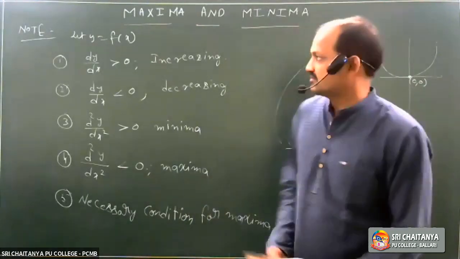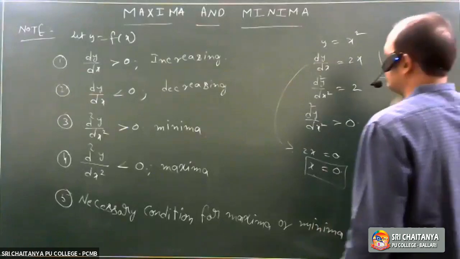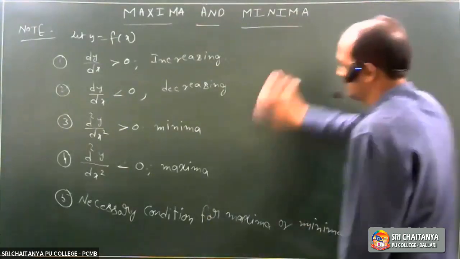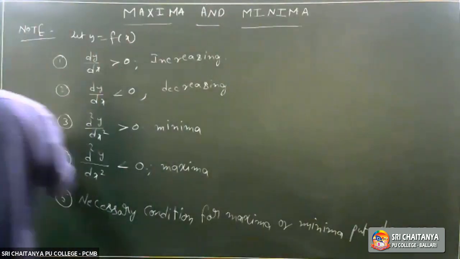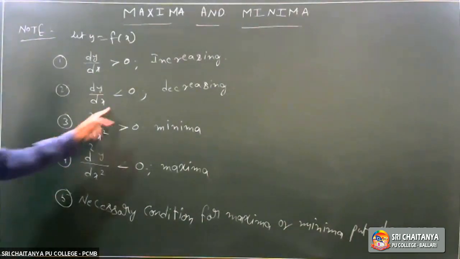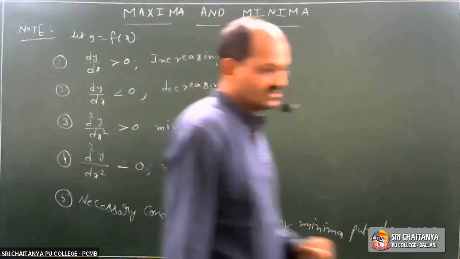Okay. So note this point. Let y equal to f of x. If the first derivative is greater than 0, then it is increasing. If the first derivative is less than 0, it is decreasing.